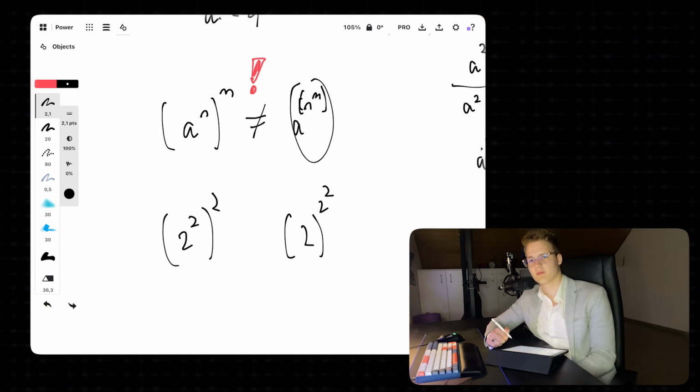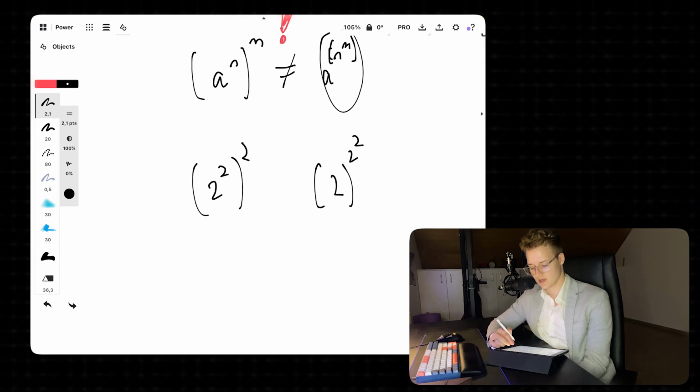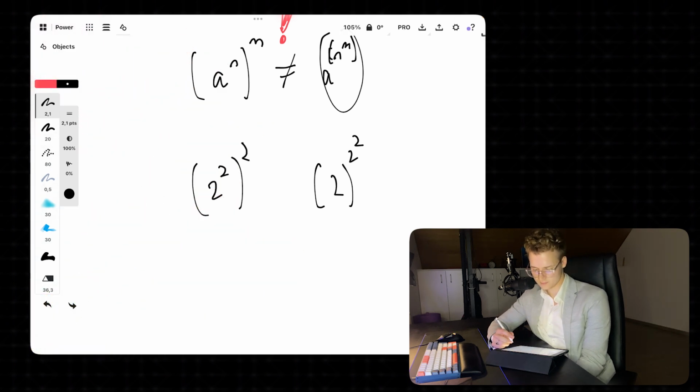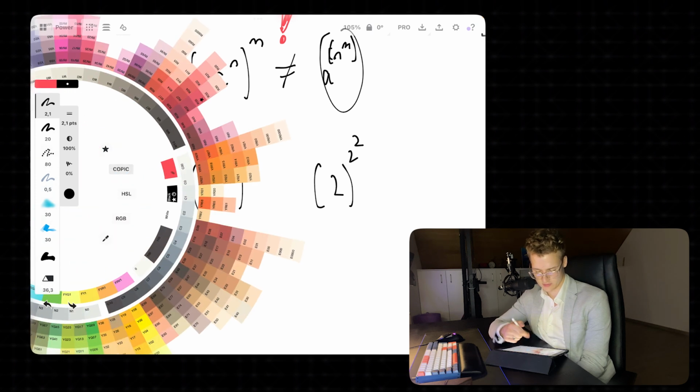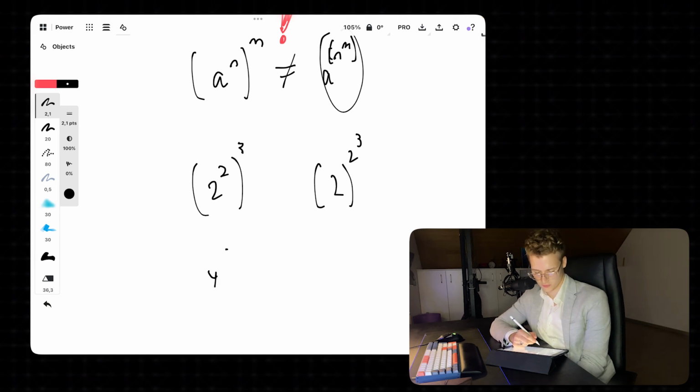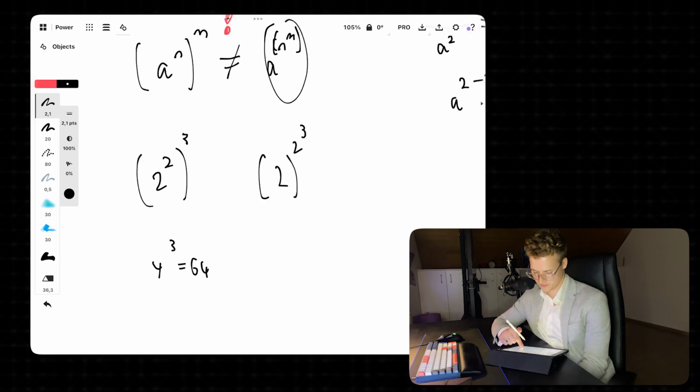Okay, I think I picked a bad case because in this case they are actually the same, but in a lot of other cases they wouldn't be the same, okay? So what do you need to know about this? For example here, if instead of this 2 we just use 3, let's see. 2 to the power of 2 is 4. 4 to the power of 3 is going to be 64, 4 times 4 times 4, okay?